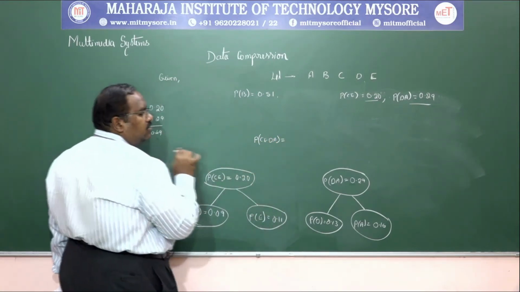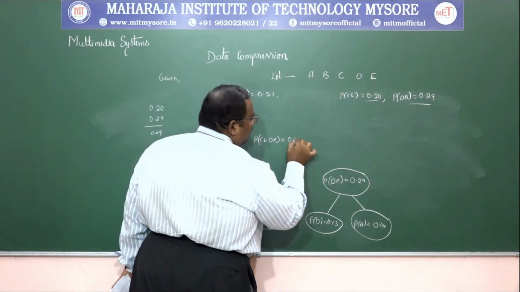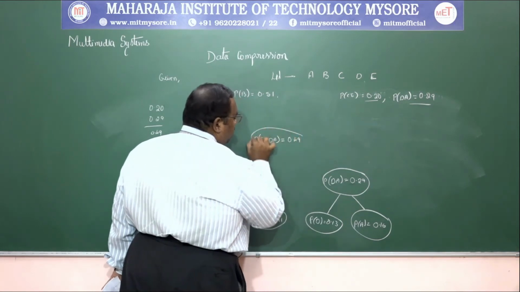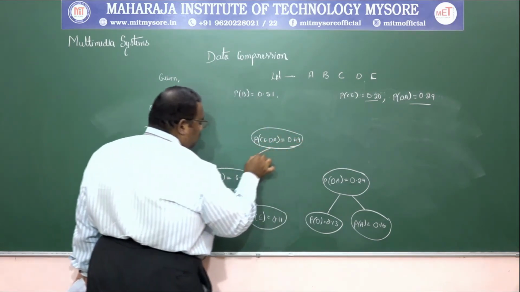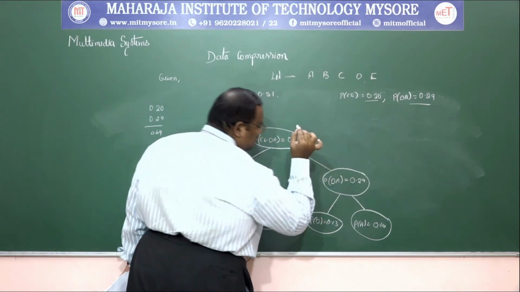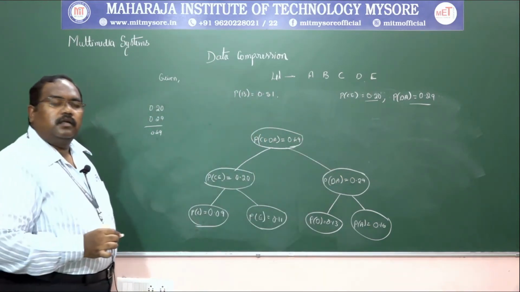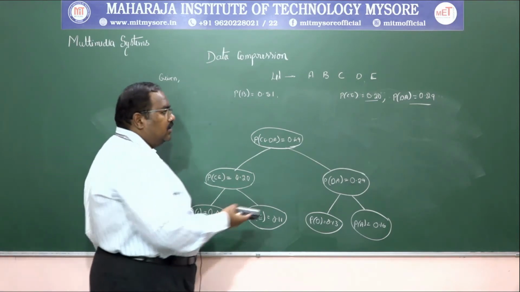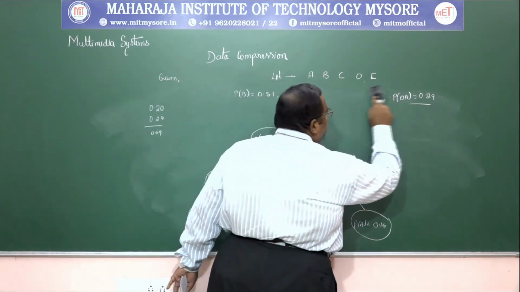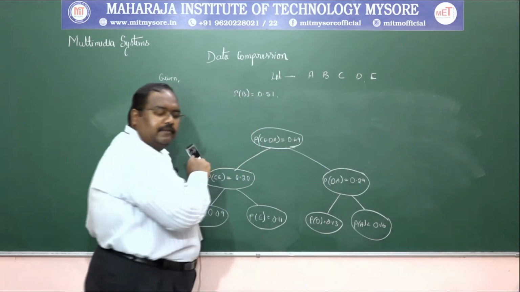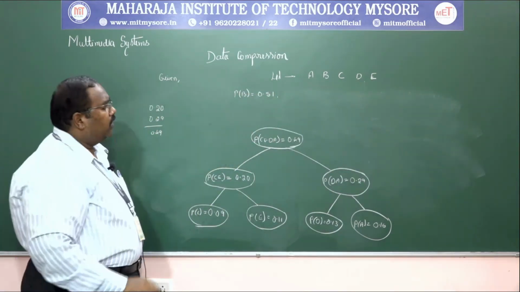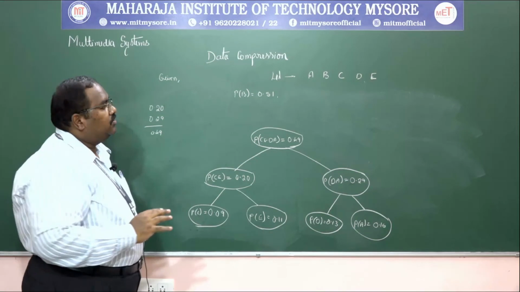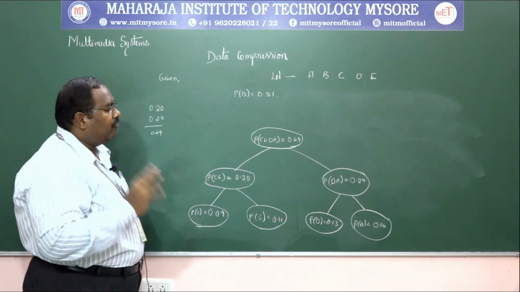We have seen here, 0.49. Now again reduce the list. So these two are used, remove it. Now what is the only value that is being left? 0.5, that is the probability of B.